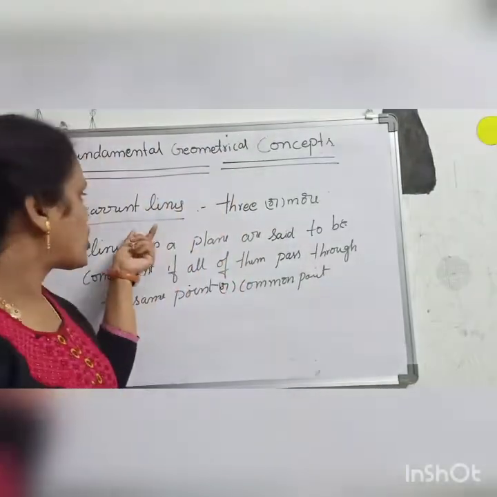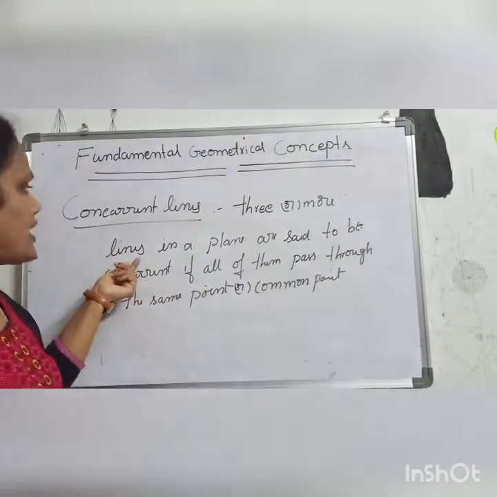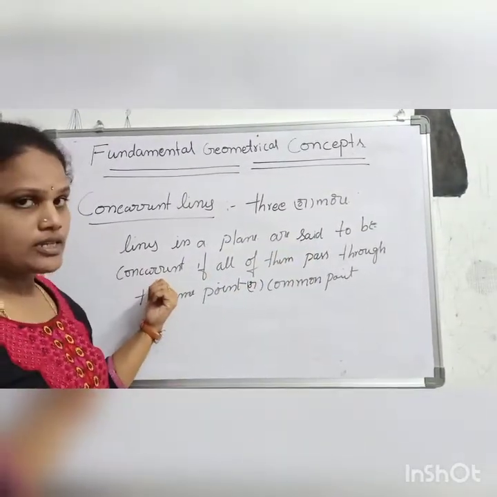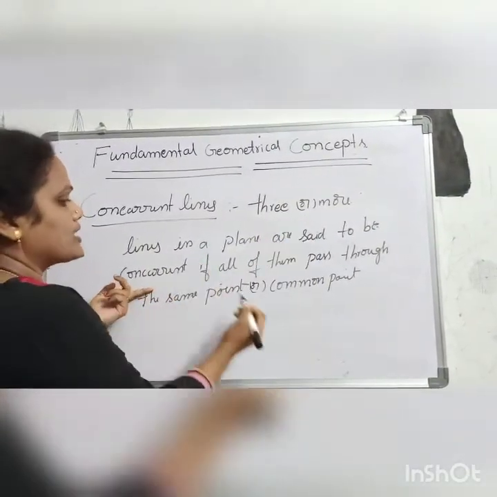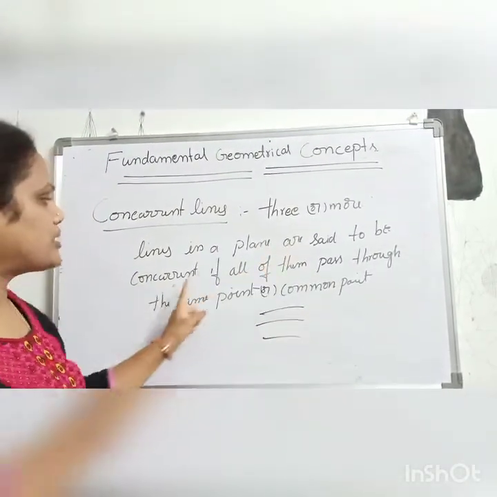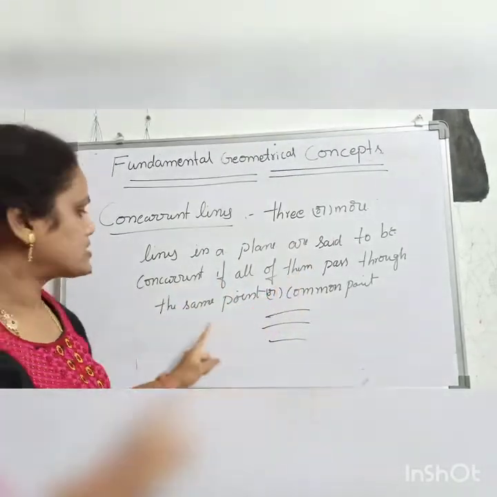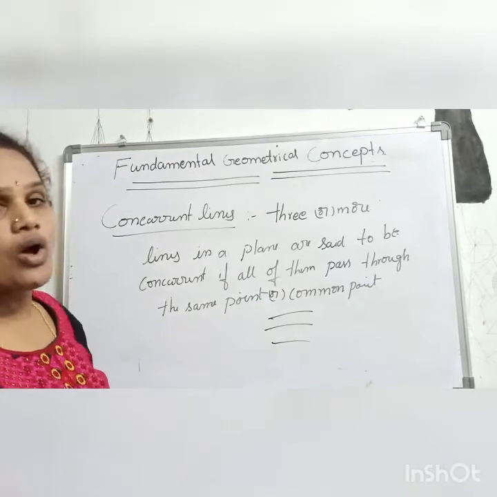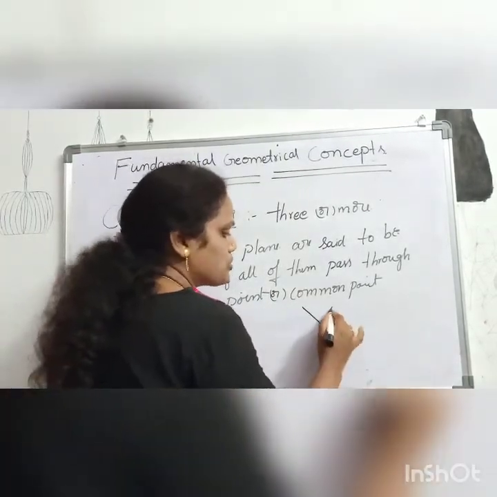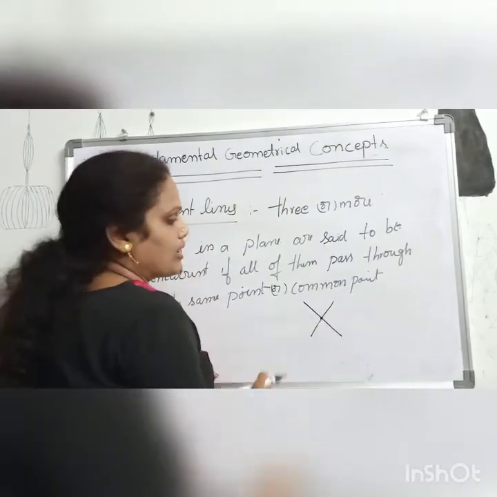Next are concurrent lines. Three or more lines in a plane are said to be concurrent if all of them pass through the same point, a common point. Previously we learned about intersecting lines: two lines intersecting at one point.